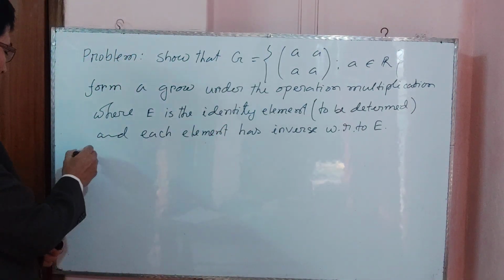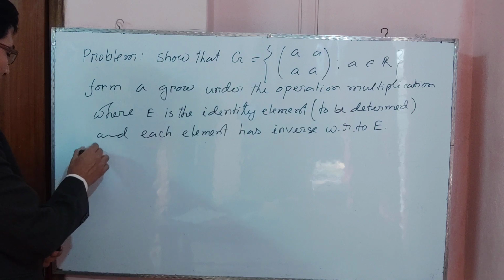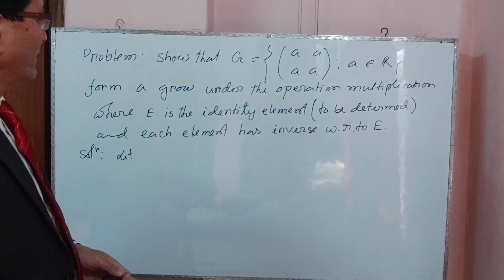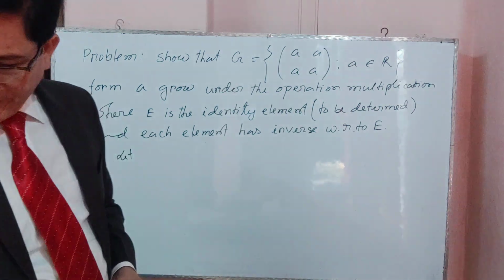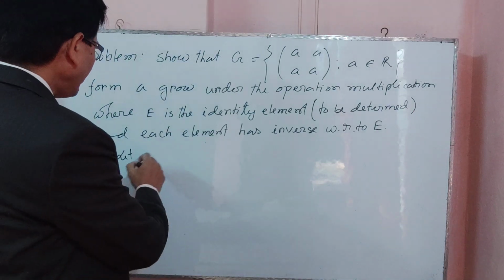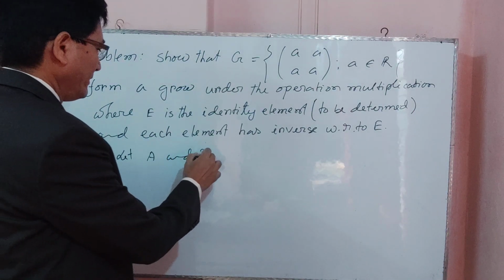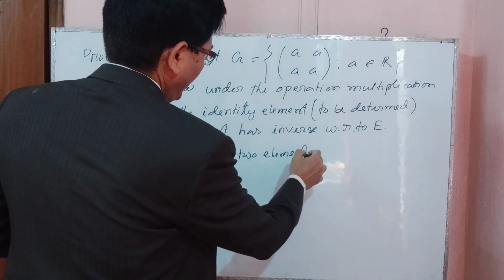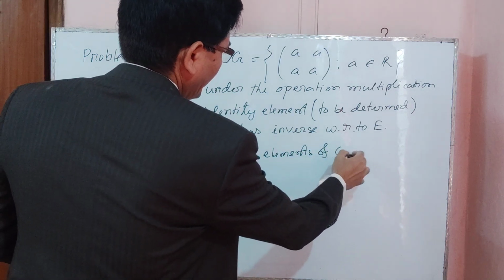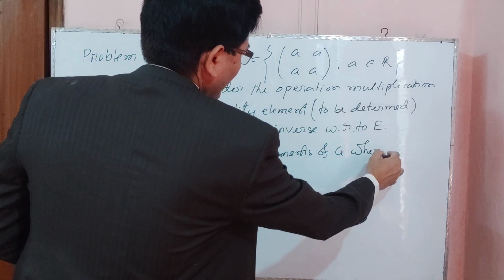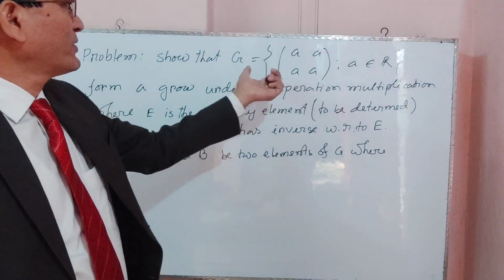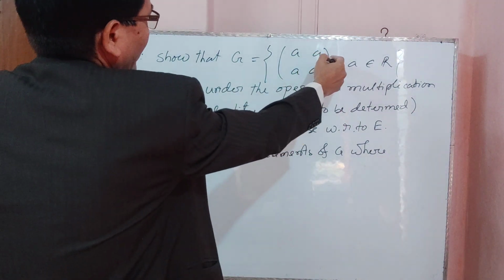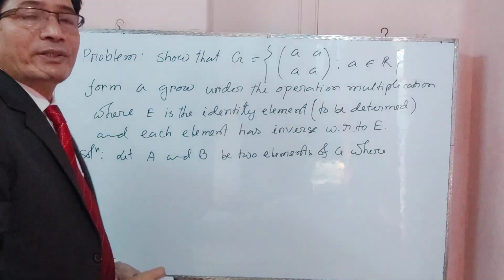So dear students, we start the proof. Let A and B be two elements of G. If A and B are two elements of G, then A and B will be of the form of these 2 by 2 matrices.